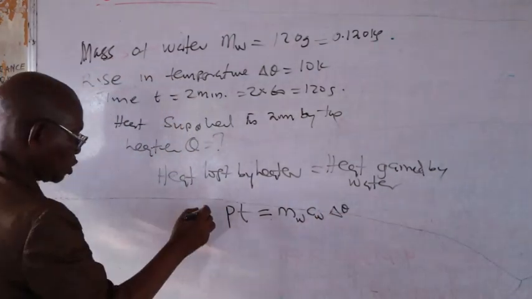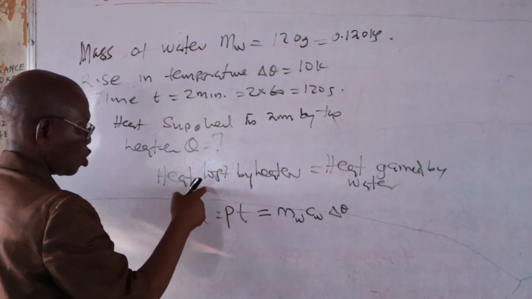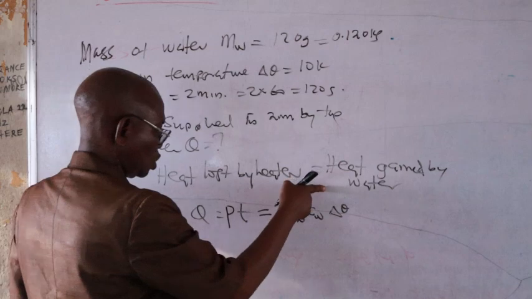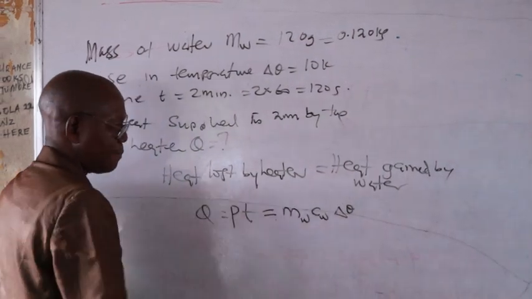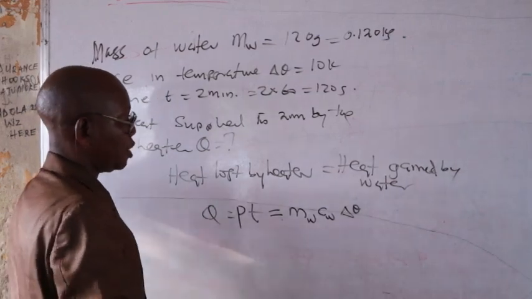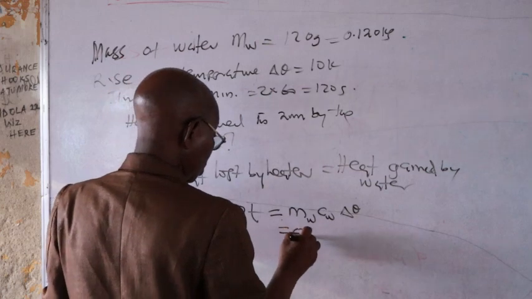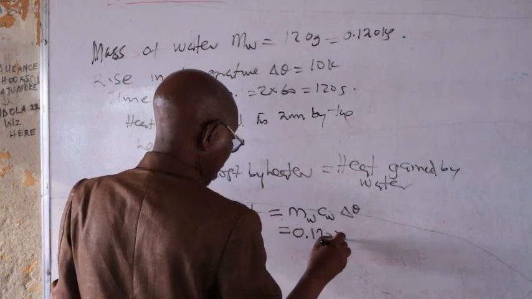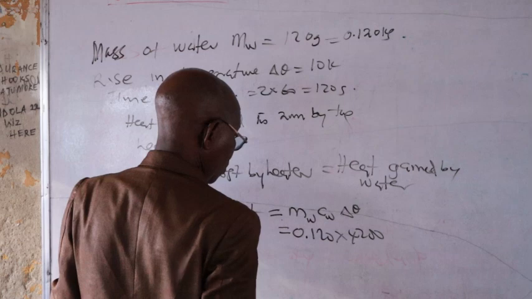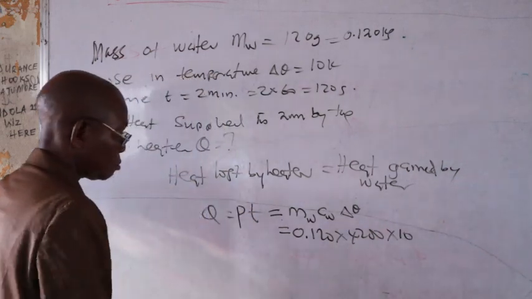So the quantity of heat lost is Q, PT, and heat lost by the heater equals the heat gained by the water. Once you know the heat gained by the water, you already know the heat lost by the heater, which will now be the mass of water, 1.6 times 4200 times the rise in temperature, 10.